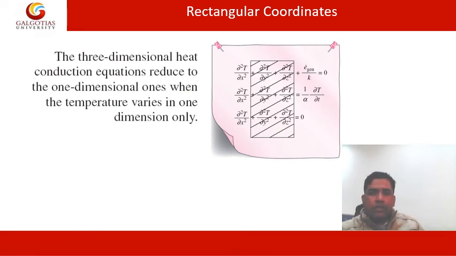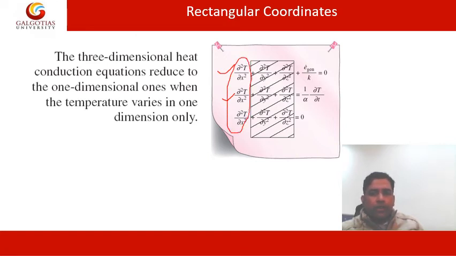And as we can see in rectangular coordinates, from the general equation that we have earlier derived, this is the steady state condition with heat generation. This is the one-dimensional steady state that we have. This whole equation actually represents one-dimensional heat transfer.